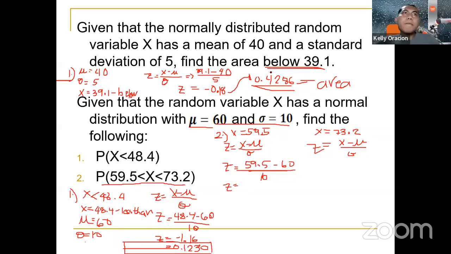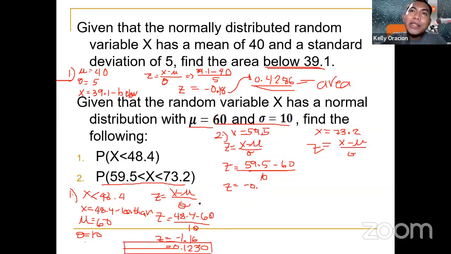What is the z-score? Yes, Sian, what is the z-score? Negative 0.35. Okay, take note, 59.5 minus 60 is 0.05.